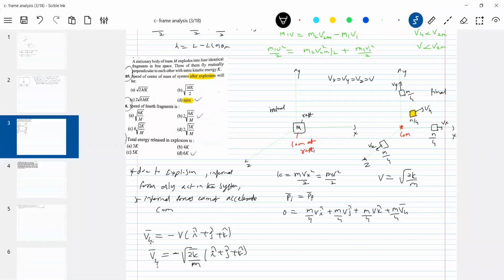So what is the speed? Root 3 times the square root of 2k by m, so it will come to the square root of 6k by m.